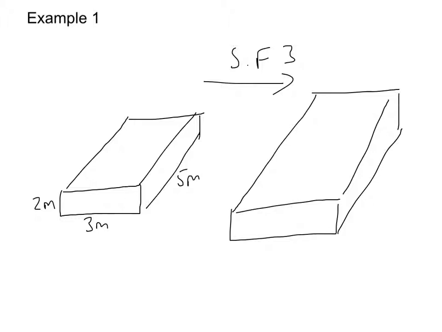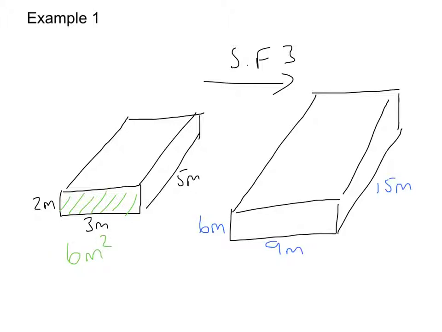Okay, so the side here would be 6 meters, the side down the bottom would be 9 meters, and the last side would be 15 meters. What about the area? Well, the area of this face here was 6 meters squared.